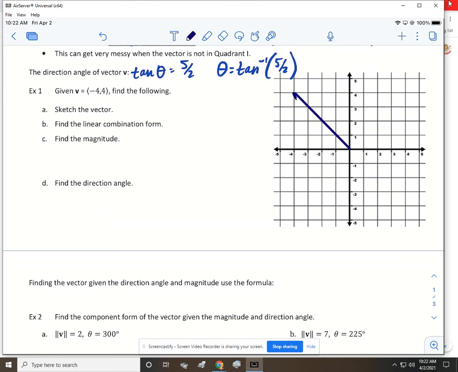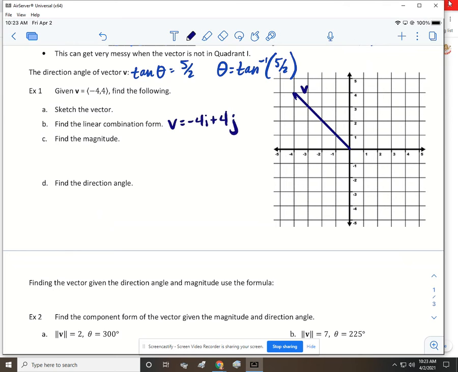That is vector v. All right, now if we needed to give vector v in linear combination form, we would say that v is equal to -4i plus 4j.